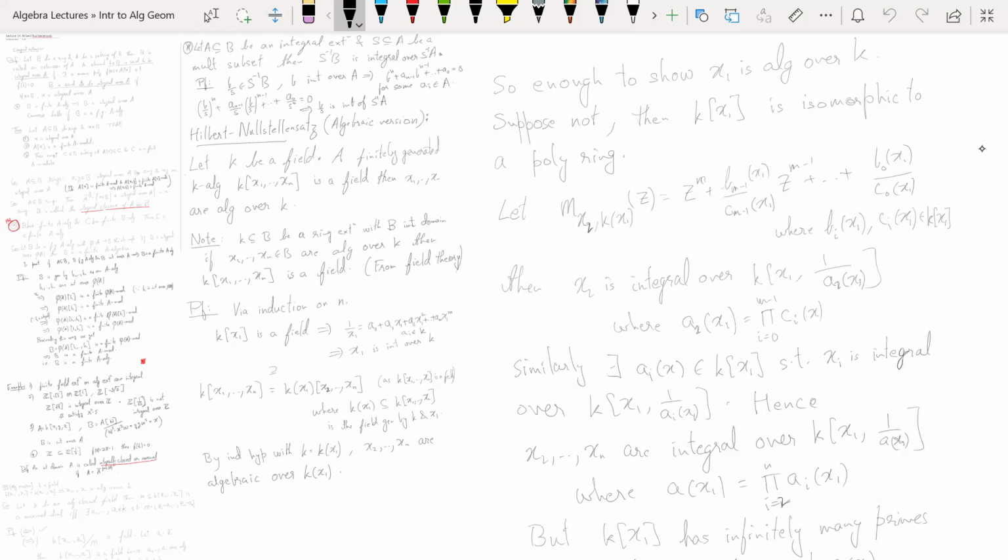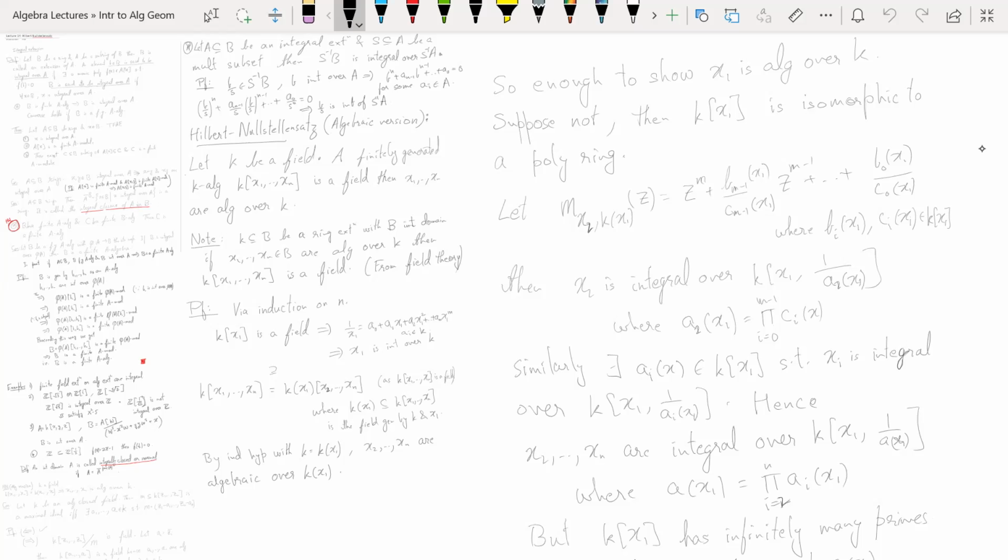Even in the case from Z to Q, we know that Q is not a finitely generated Z-algebra. Forget about module, even as a Z-algebra it is not finitely generated.